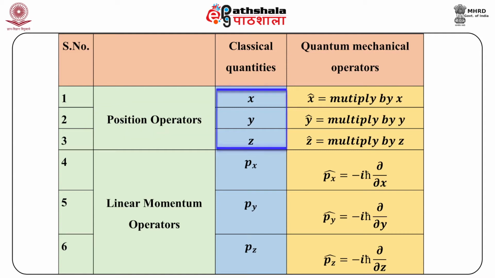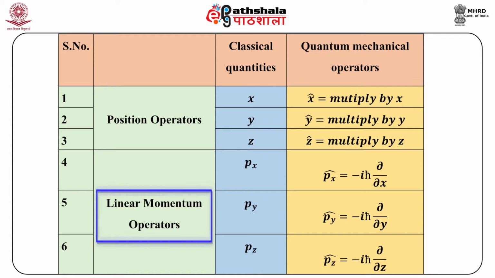Those could be x or y or z, and they are correspondingly written as x cap, which would basically mean multiplying by x. Y cap would mean multiplying by y, and z cap would mean multiplying by z. So these are position operators.